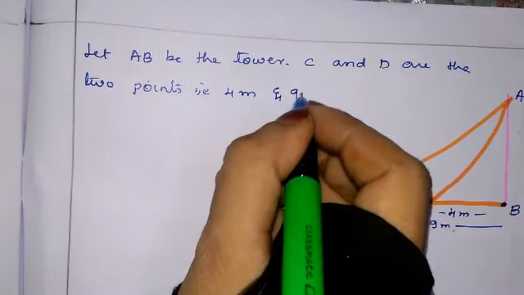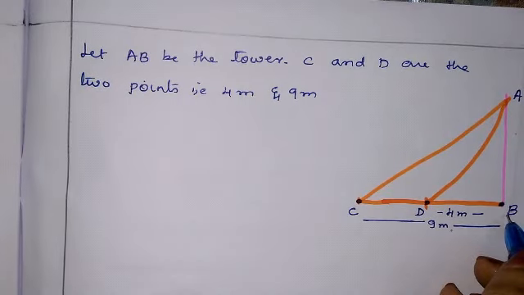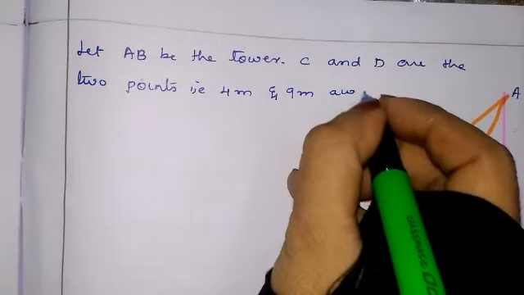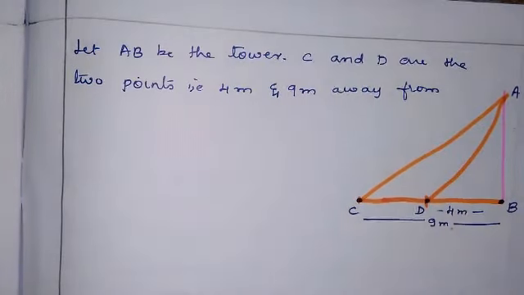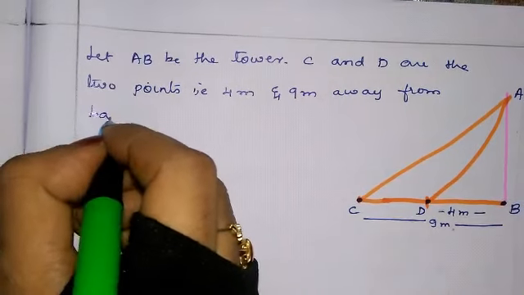C is 9 meter away from the tower and D is 4 meter away from the base of the tower.